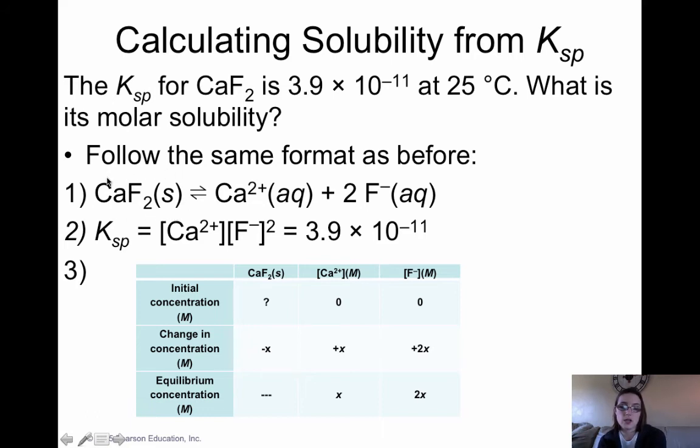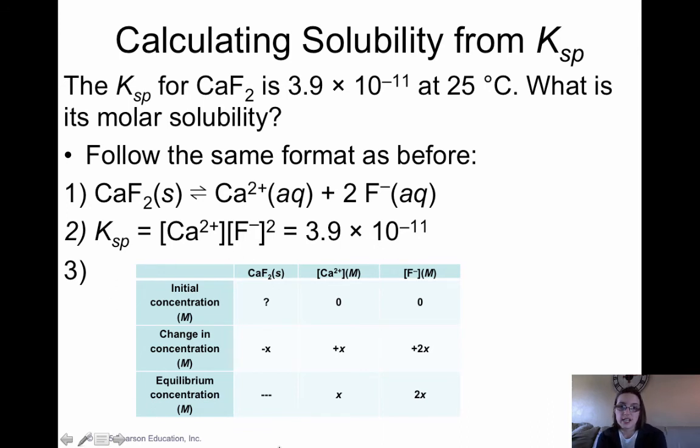What that means is it only partially dissociates, much like a weak base, into its ions. So it's at equilibrium with calcium 2 plus and 2 fluoride ions. Then we can write the KSP expression. KSP is equal to the concentration of the calcium ions times the concentration of fluoride ions squared, and that equals 3.9 times 10 to the negative 11th.